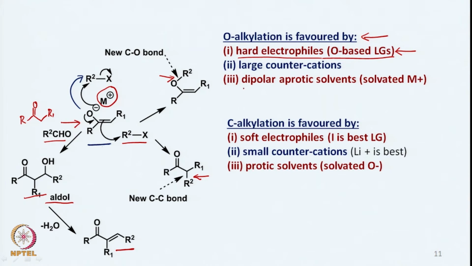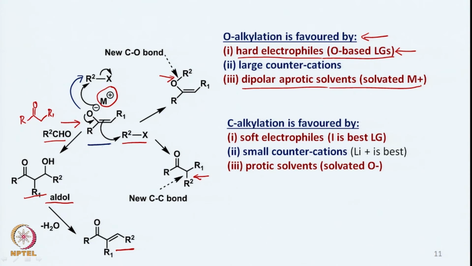And dipolar aprotic solvents solvate M plus. That means if we have dipolar aprotic solvents like DMSO or acetonitrile or DMF, they would coordinate with the M plus, and then the M plus is somewhat removed, and therefore the O minus negative charge is available for the electrophile to attack. So that is how O alkylation can be favored.